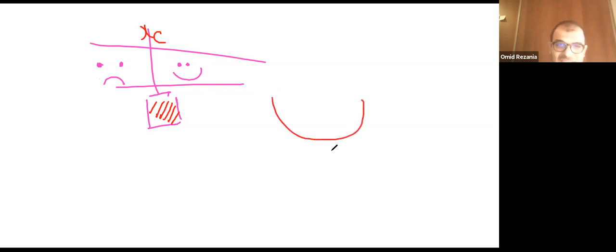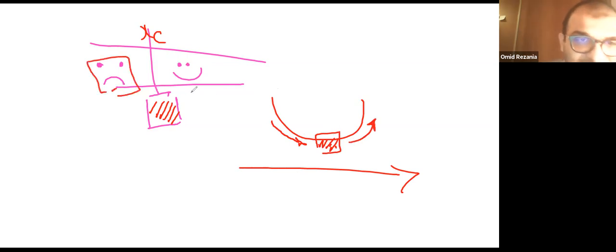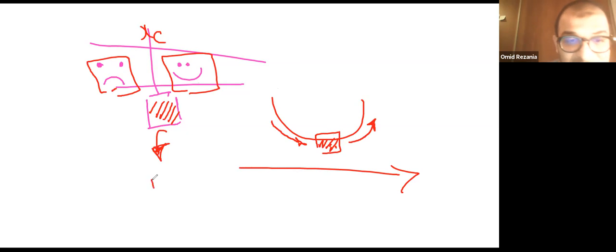It means that as you were moving along the x-axis, you were losing your money at this point. Suddenly at this point you are moving up, and now you start to smile because you are earning more money. Whenever you have the sad face and then change to the smiley face, this point, which is the opposite of the previous one, is going to be the local minimum.